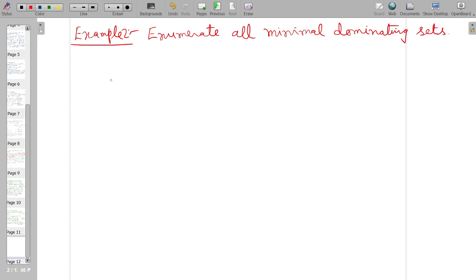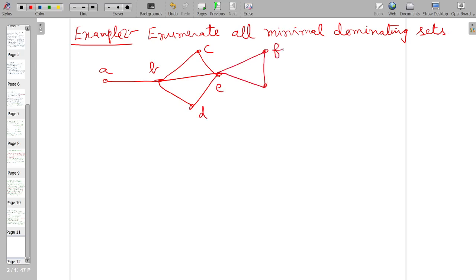Okay, the graph is like this: A, B, C, D, this one is E, this one is F, G, F and G. Okay, so as usual, you form the product of the sums.